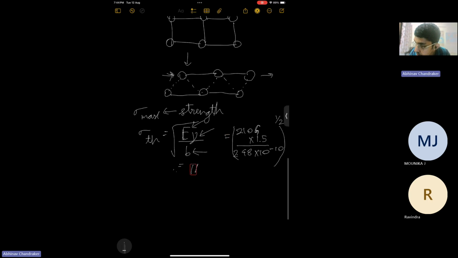Equal to 11.3. Sorry, it will be equal to, if I put the units also, 35.6 GPa.